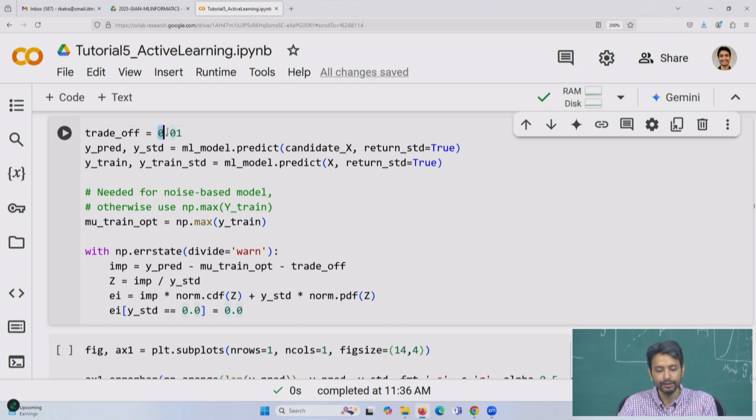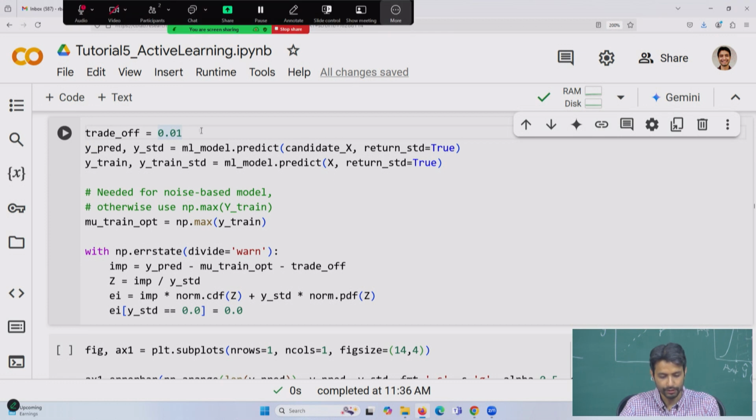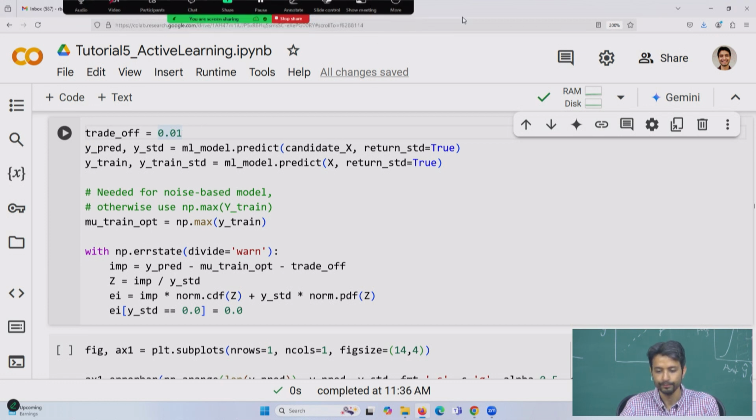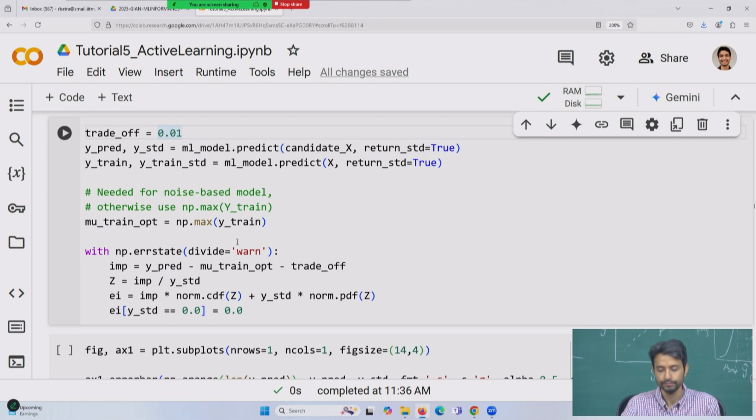If you remember, there was that eta symbol, which was your trade-off between exploration and exploitation. I have chosen that value to be 0.1. What is its range? The trade-off in this particular case is in the same space as your property.